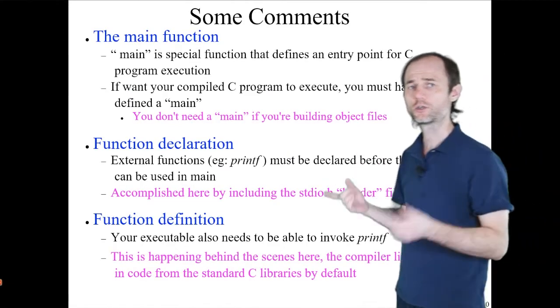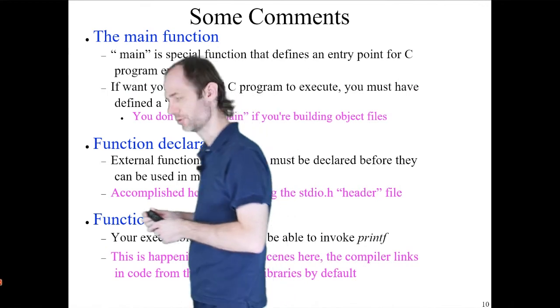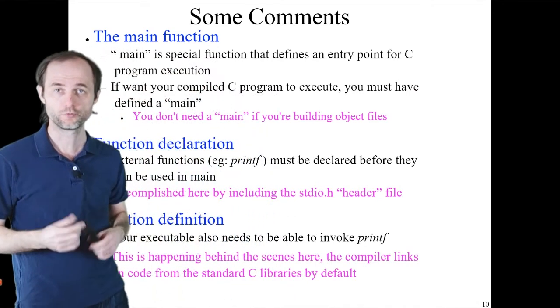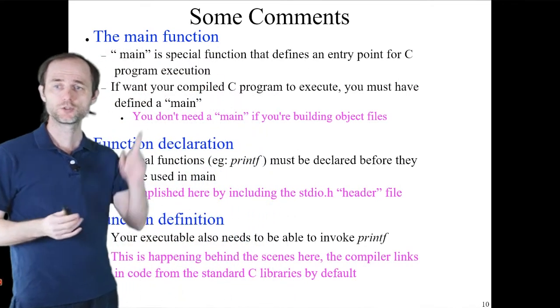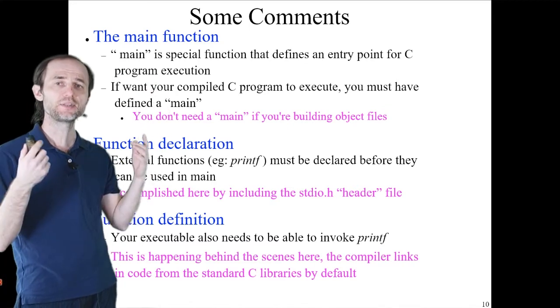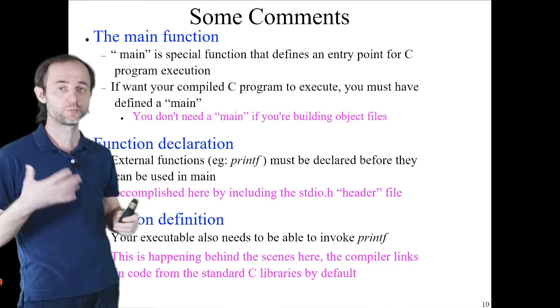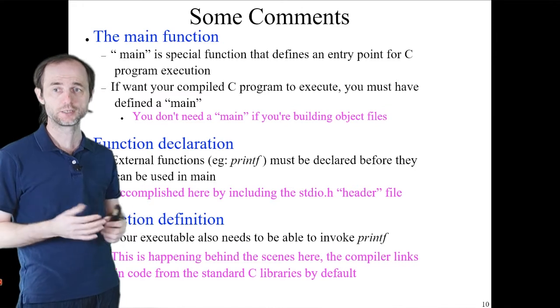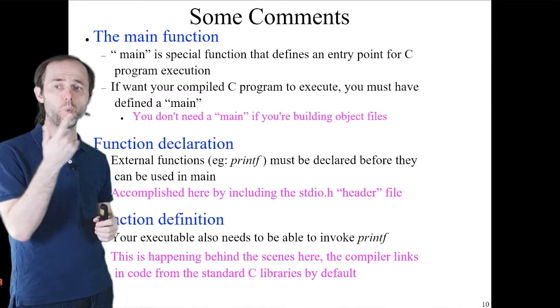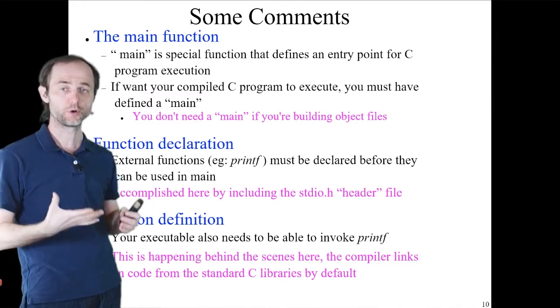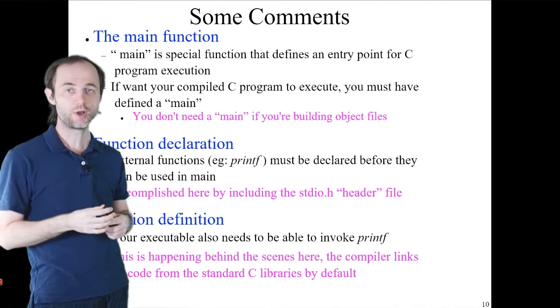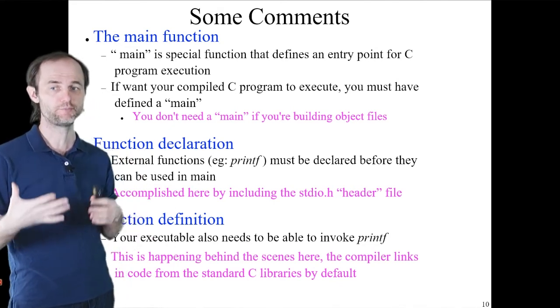So let's try and go over the details a little bit now that you've enjoyed getting your first program compiled and run. So the main function is the entry point to the program that you created. So if you want your C program to run, you have to define the main function.